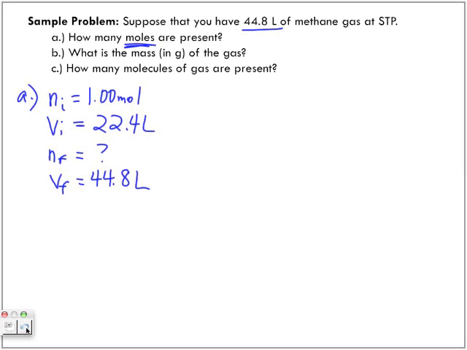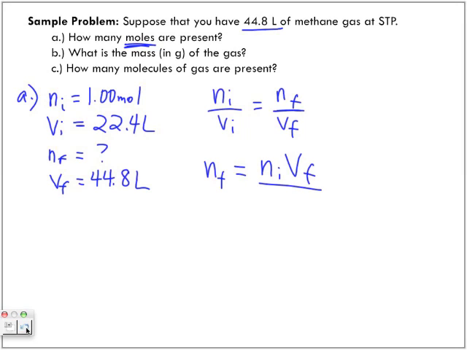So we have the equation Ni over Vi equals Nf over Vf. We are trying to isolate for Nf, so the final number of moles is equal to Ni multiplied by our final volume over our initial volume.